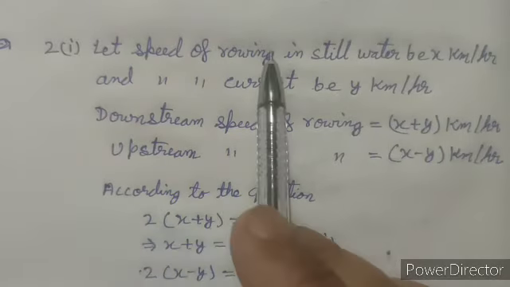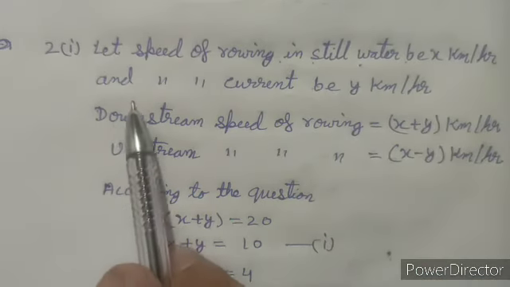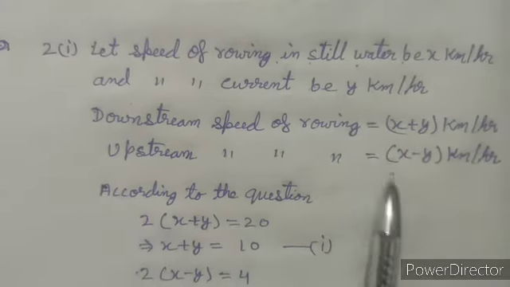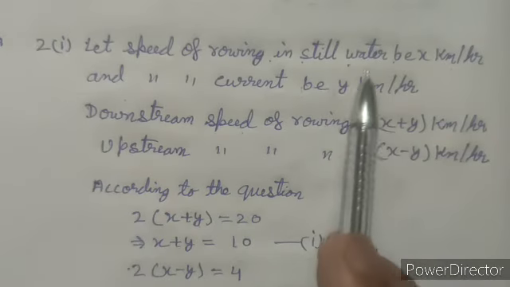Now on taking speed of rowing in still water as x km per hour and the speed of current as y km per hour, downstream speed of rowing will be x plus y.